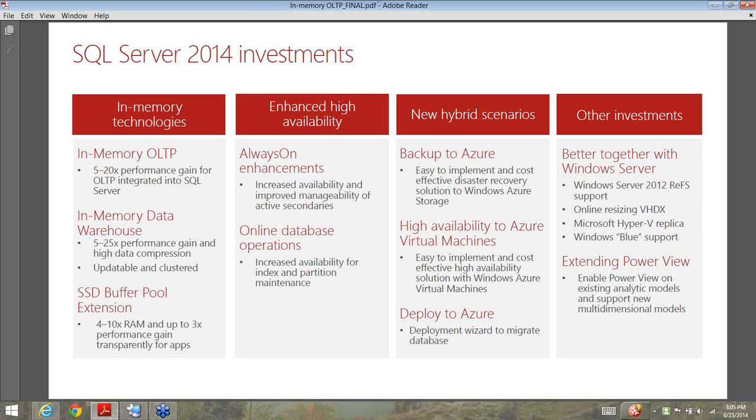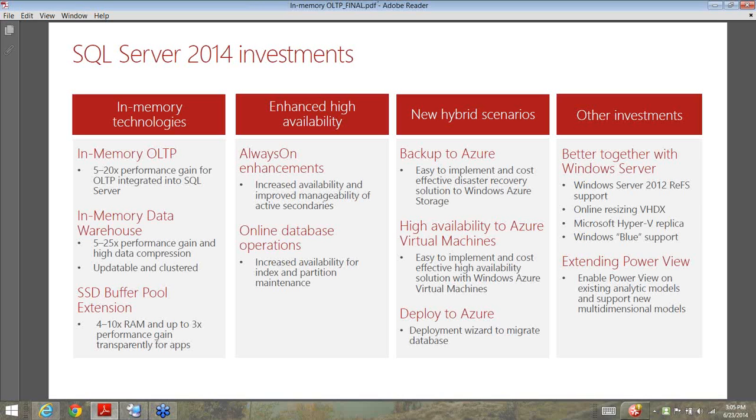On the second stack, as you see, there are certain enhancements towards the high availability side of things as well. So there have been some enhancements towards AlwaysOn, then the online database operations, right? Then a lot of emphasis is going on towards the public cloud side of things as well. So Microsoft has Azure, which is the public cloud offering from Microsoft, right?